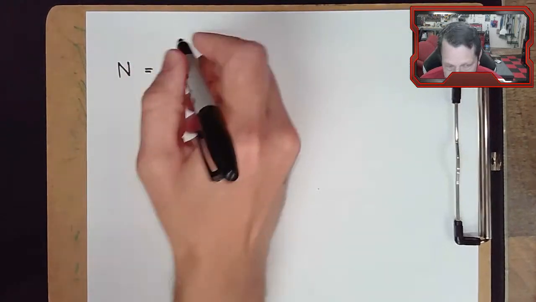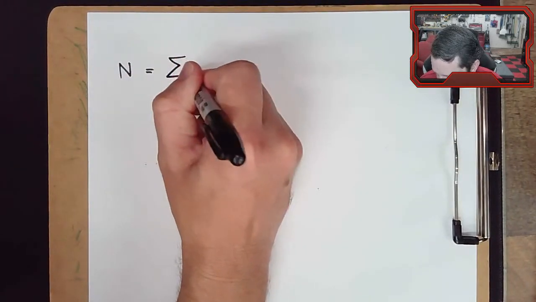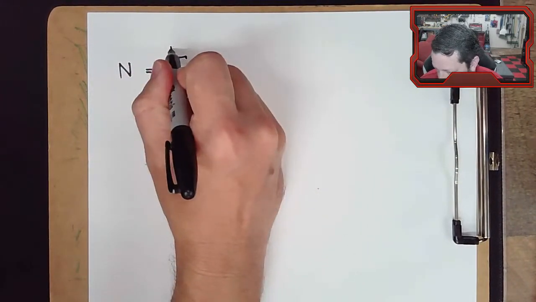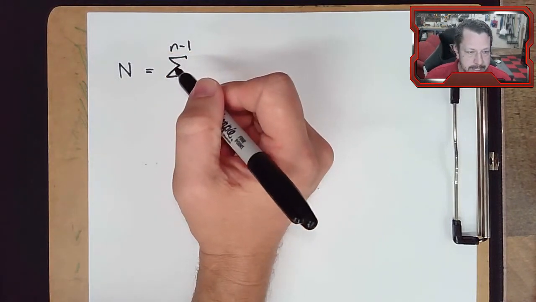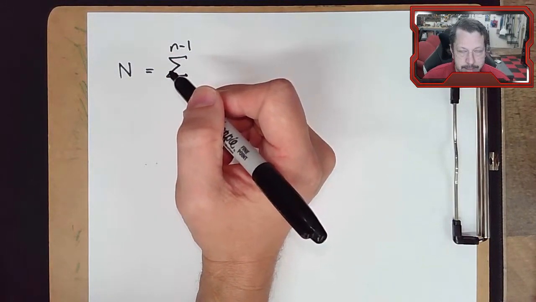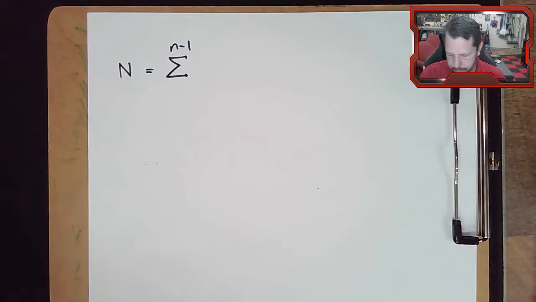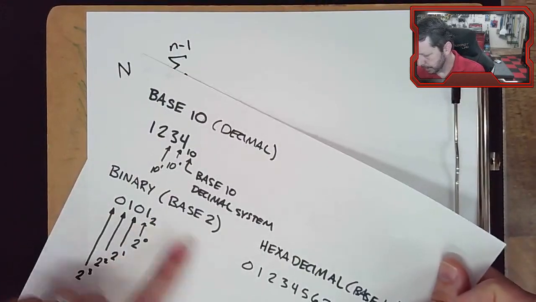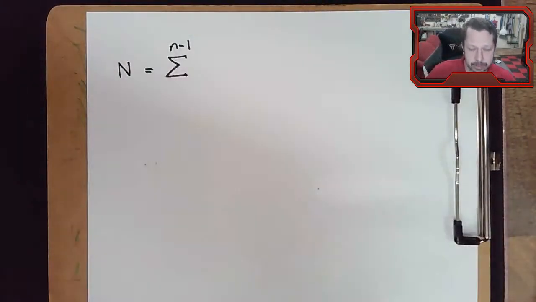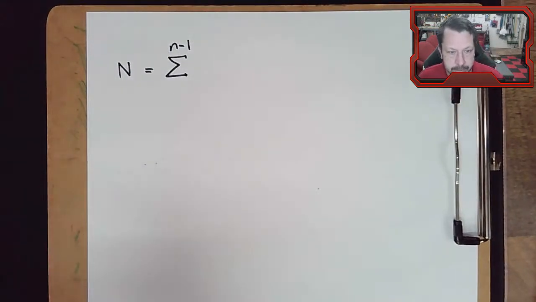N is going to equal a summation of n minus 1. This lowercase n is the number of digits. So 4 digits, 2 digits, however many digits you have in the number you're trying to convert.